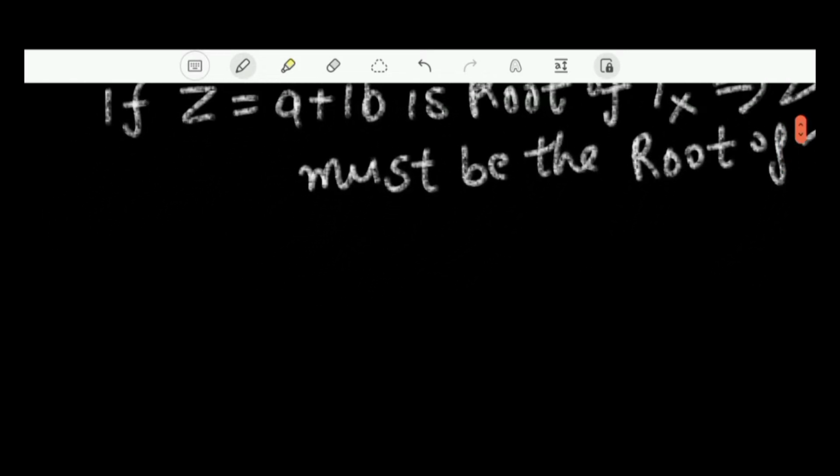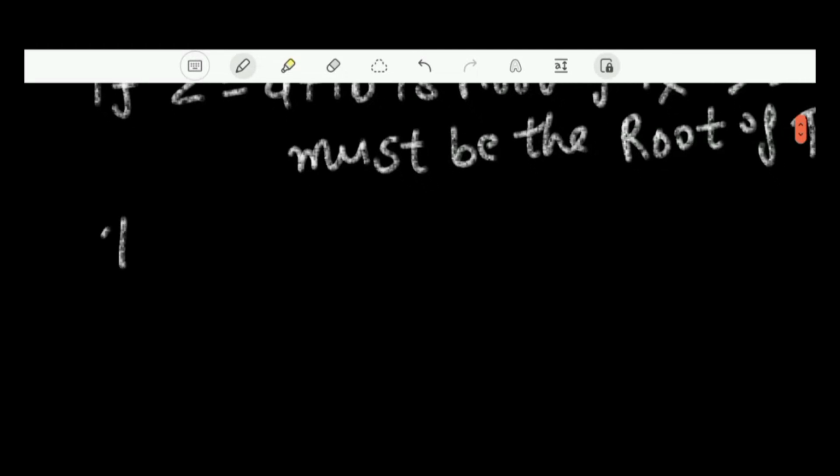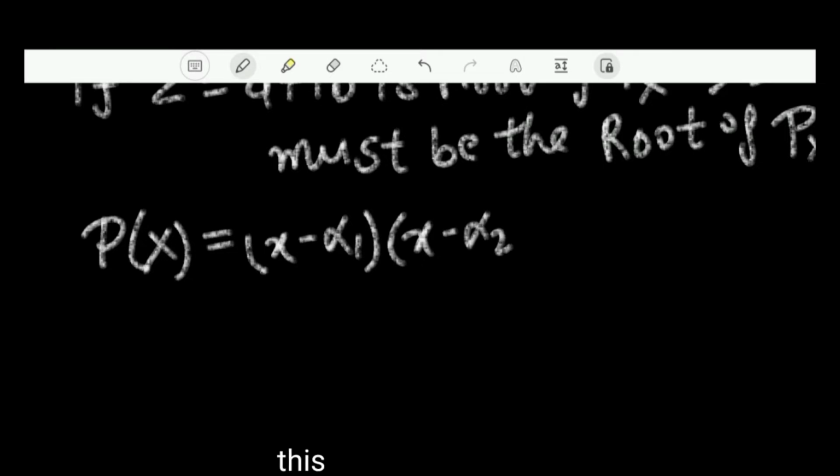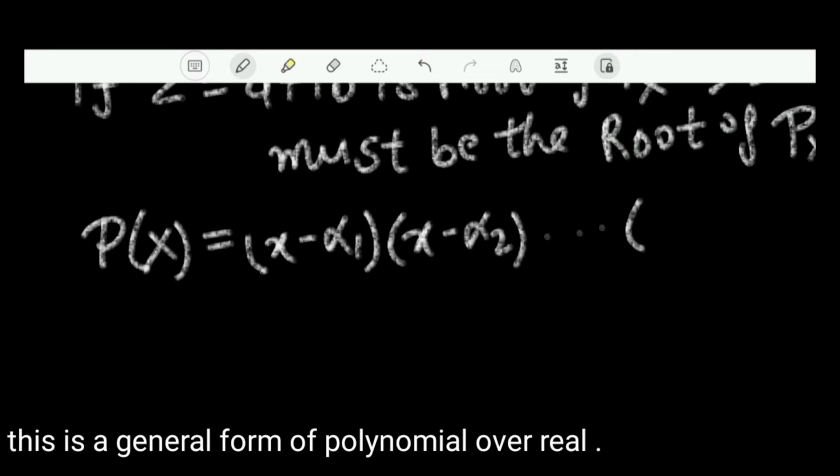So first we write the form of p. Let's say some roots are real and some roots are complex. So we can rewrite it like (x − alpha 1)(x − alpha 2) up to (x − alpha m).